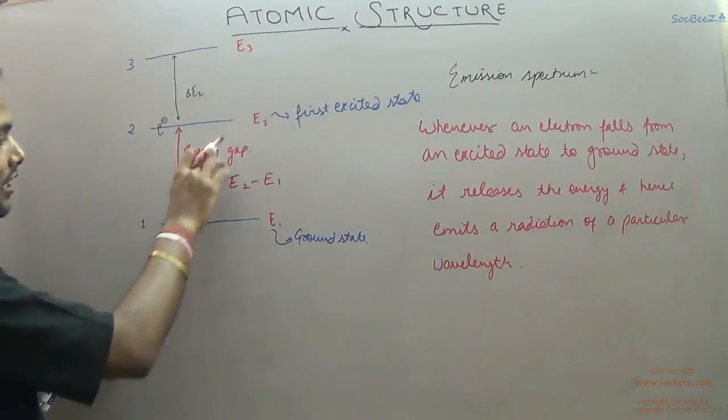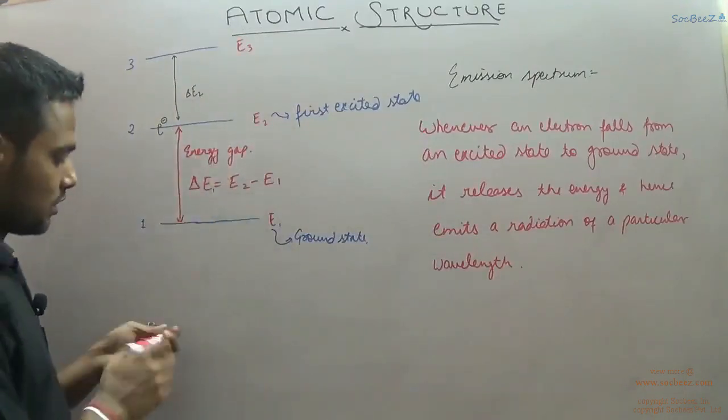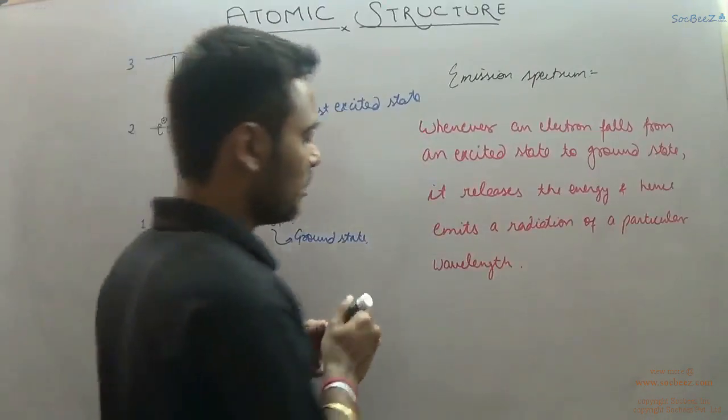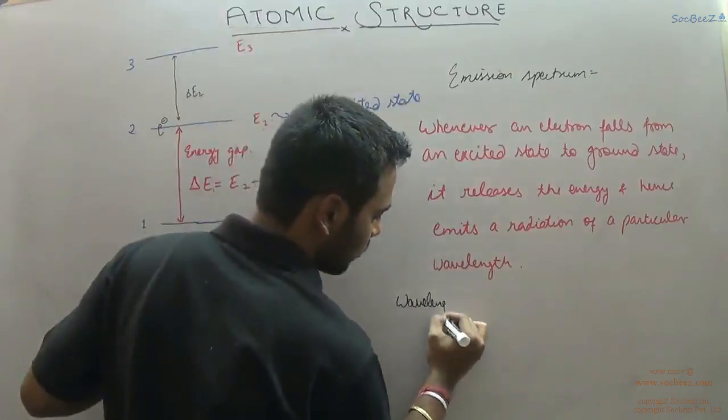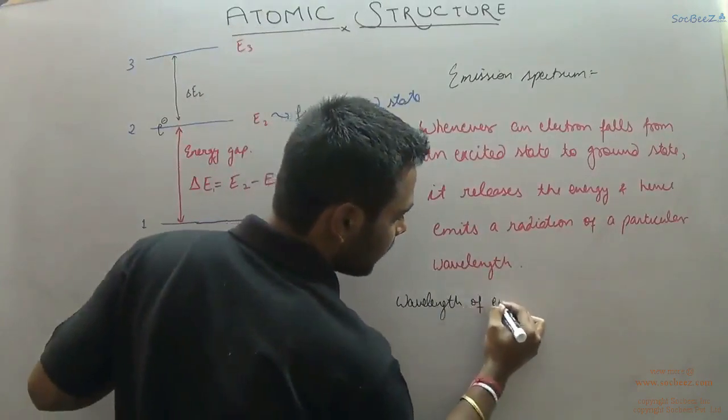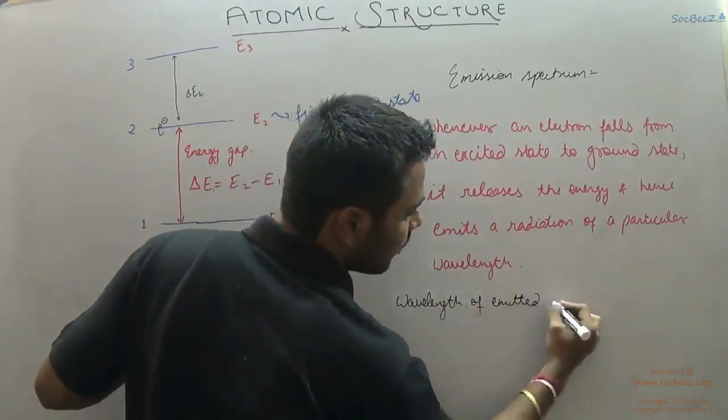Since the energy gap is delta E1, the wavelength of the emitted radiation is Hc upon delta E1.